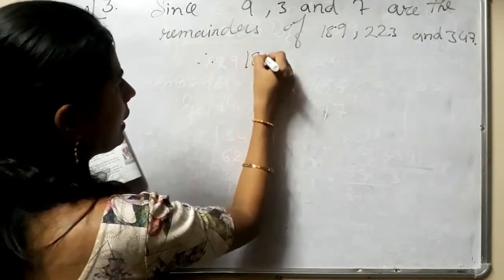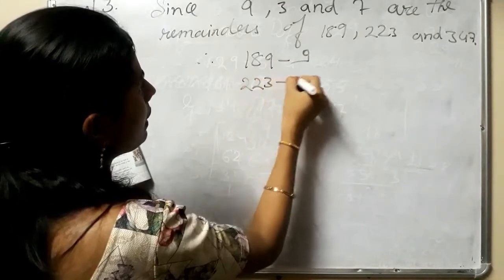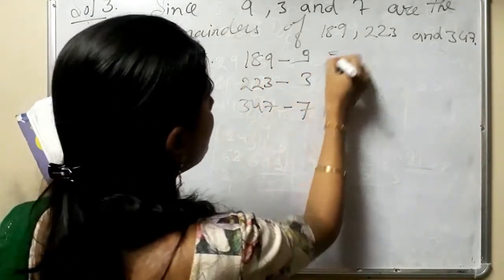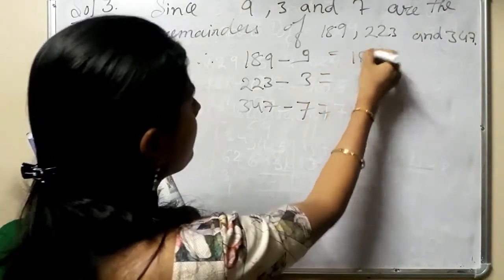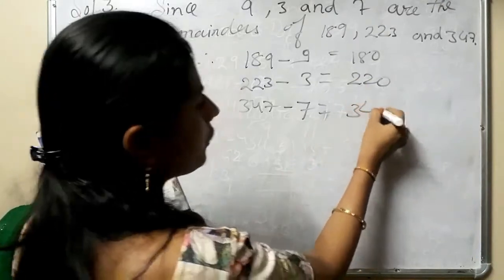Therefore 189 minus 9, 223 minus 3, 347 minus 7. So here you will get 180, here 220 and here 340.